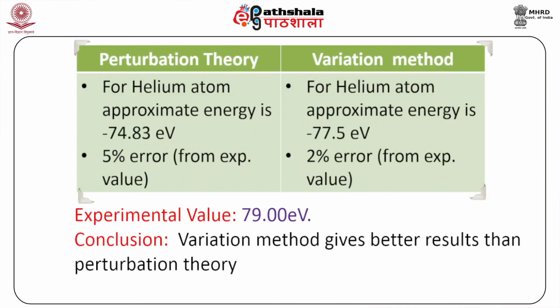Comparing the results of perturbation theory and variation method with experimental energy value, which is minus 79.00 electron volt, brings to our notice that the variation method gives better results than perturbation theory.